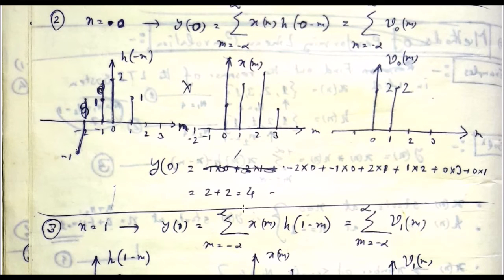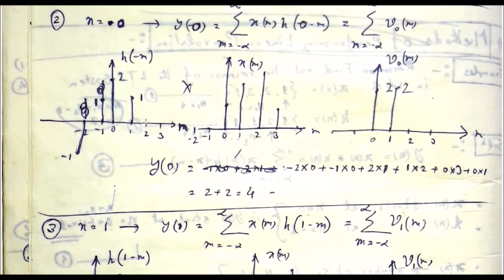If you do that, you will obtain two overlapping points. At m equal to 0 and m equal to 1, both of them have values, but at all other points on the left side, these have the value but those do not, so those will be 0.